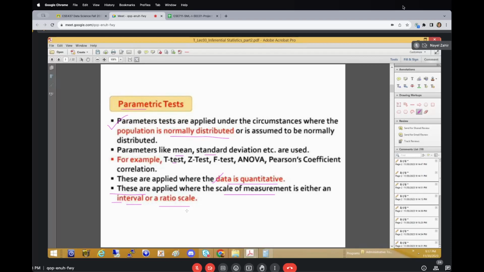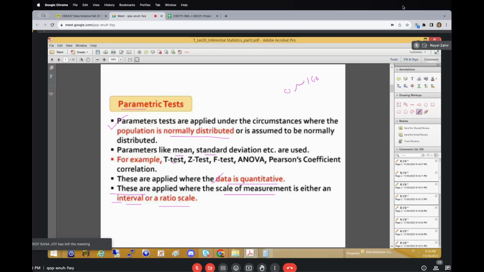So what does interval mean? Interval means that some values will be there, but we have to form the bins with the same size. Like maybe the age is given, so age we can say is within the range of 0 to 100.